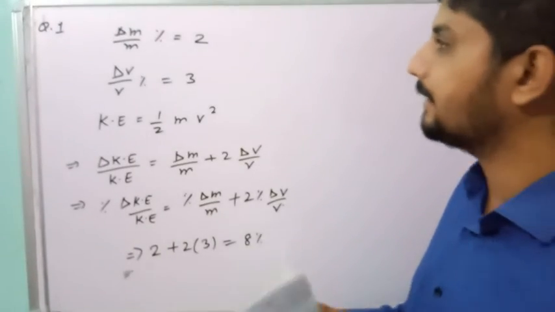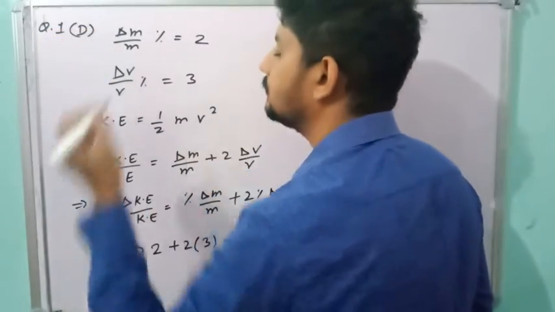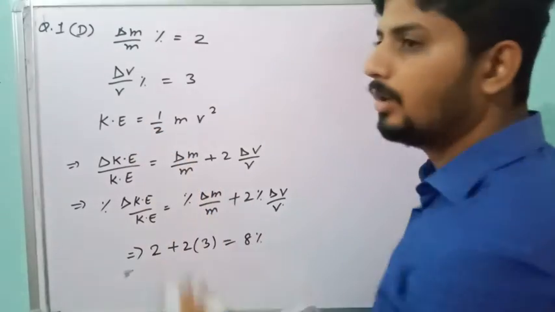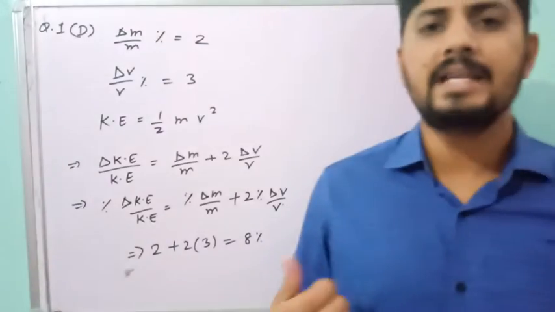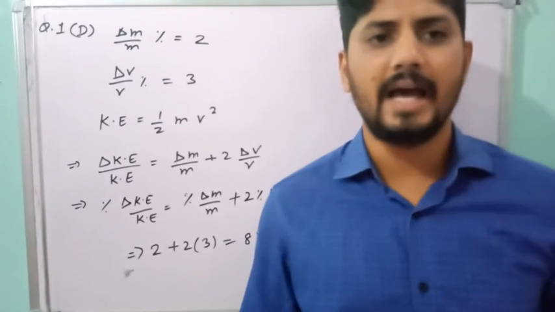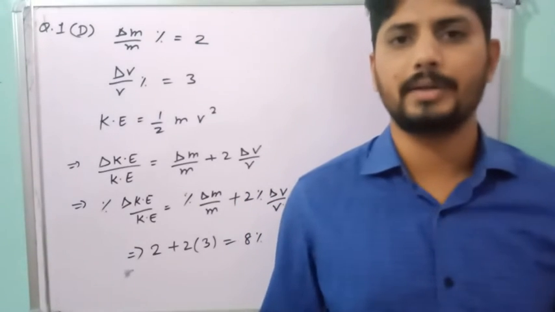Option D is correct. Here the half is a constant. I already told you that if you multiply a quantity by any constant number, that constant is not going to affect its error, so you can simply remove that constant.